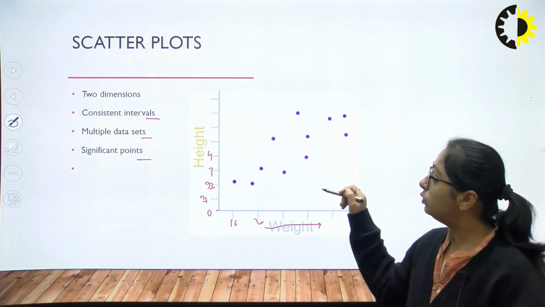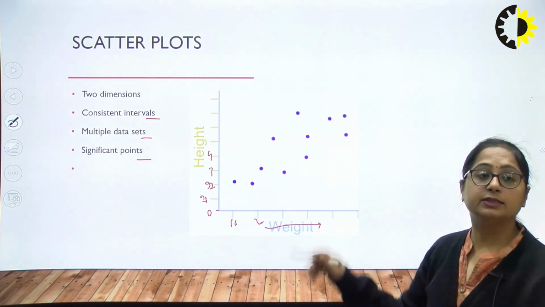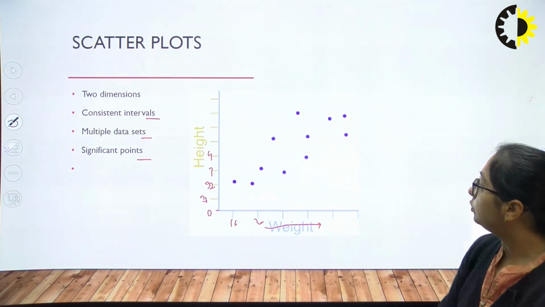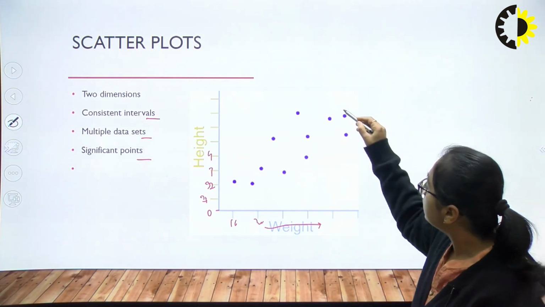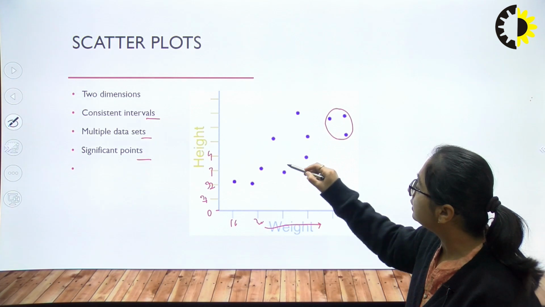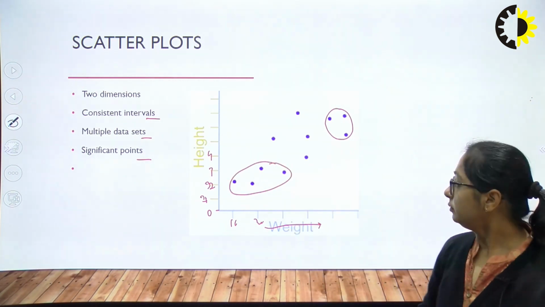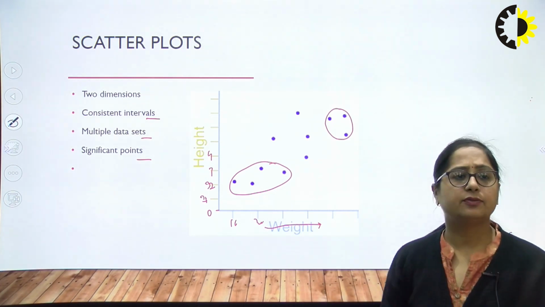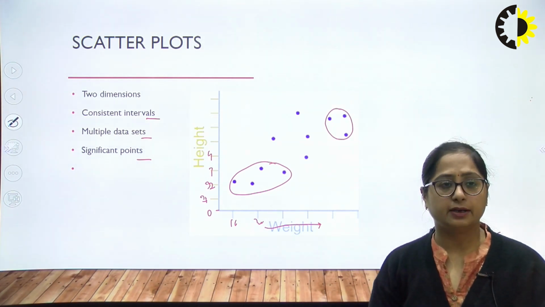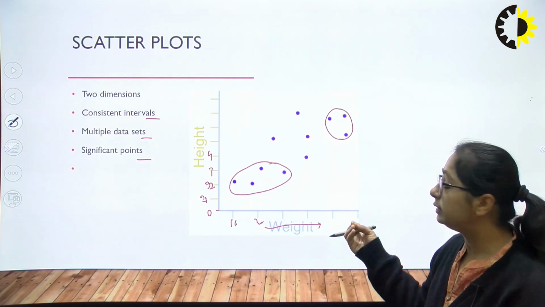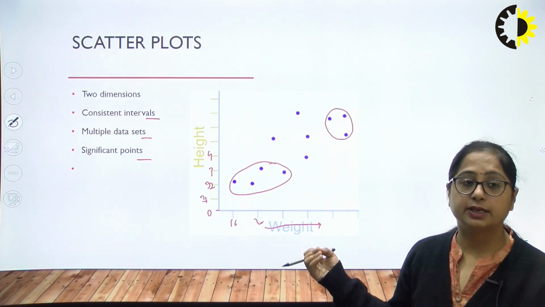Based on that we draw these plots, and from the dots we analyze the relationship between them. If we find the same trend among this data, you can go for the scatter plot.